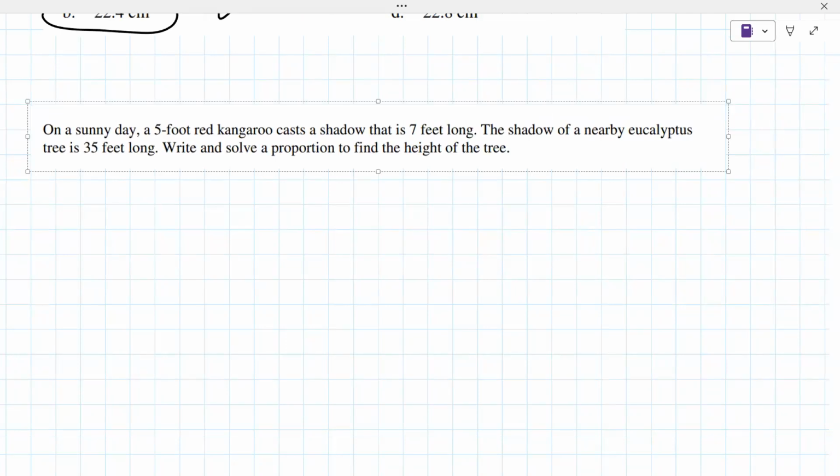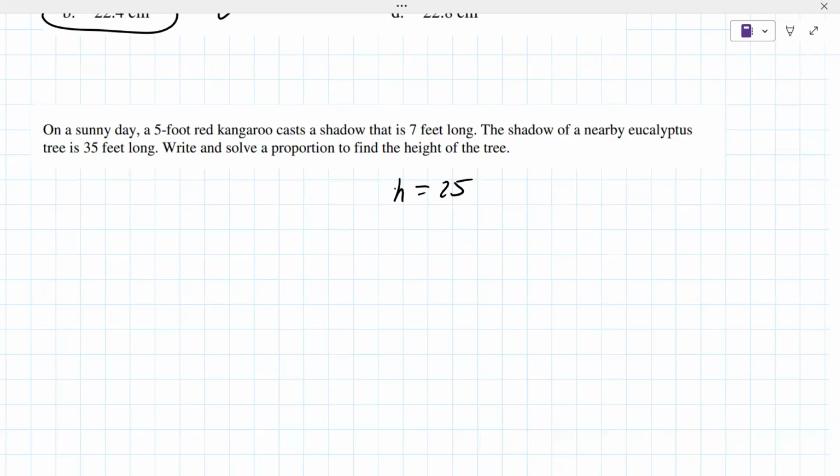And then we'll get to the harder problems here. x equals 25. Very good. Or the height in this case is 25.